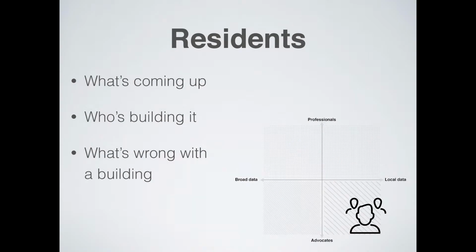And so residents are interested in what's happening on their own block, what their city council member is up to, what their neighbors are up to. A couple of features that were built on Chicago Cityscape in direct response to neighbor concerns were teardowns. A teardown is when you demolish a good building, like it's livable right now, but you demolish it and build something usually larger in its place and often less dense.